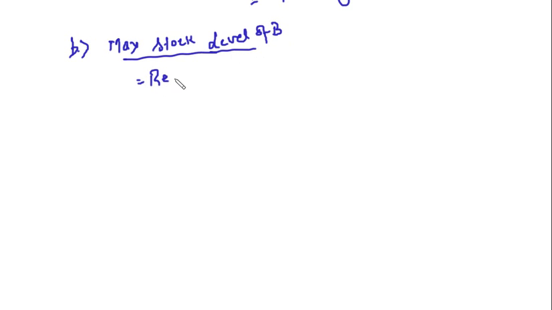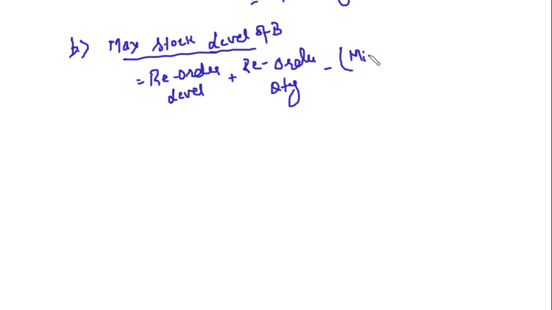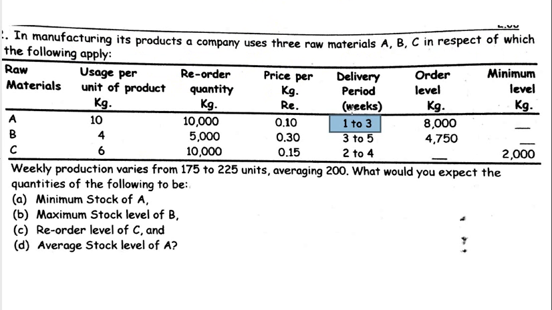This is reorder level plus reorder quantity minus minimum consumption multiplied by minimum lead time. This is the maximum stock level. Now what is the reorder level for B? The reorder level for B is 4750.